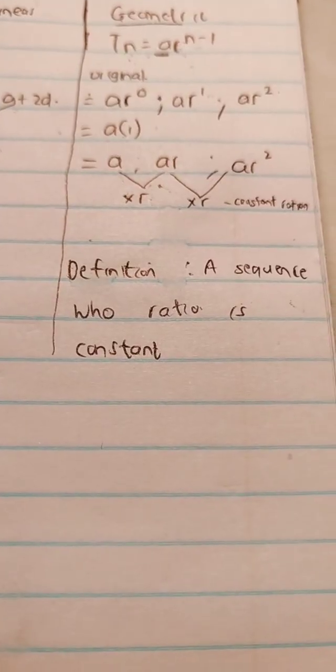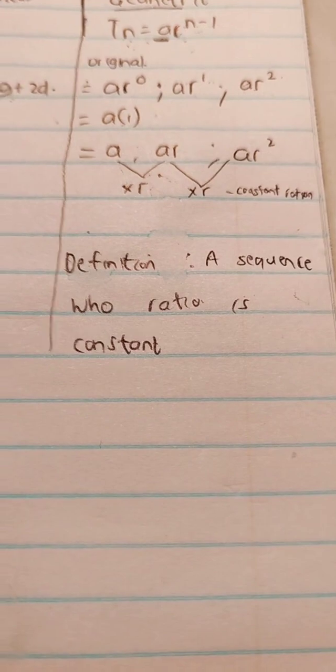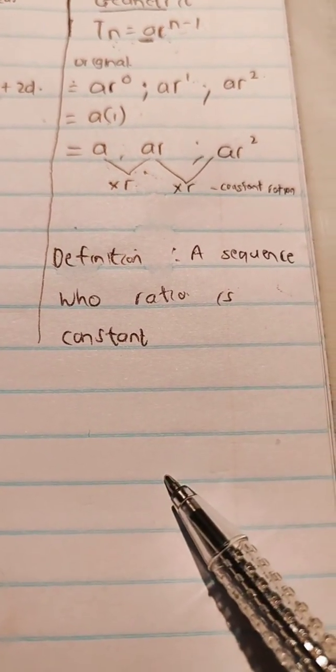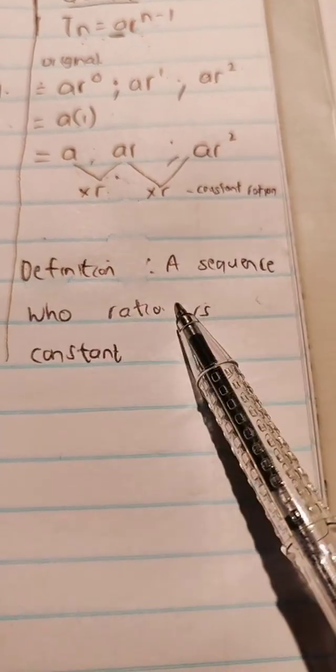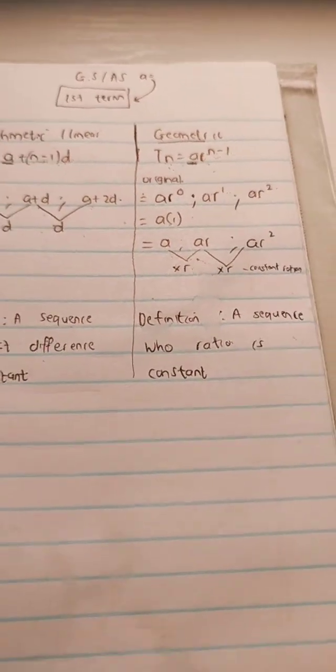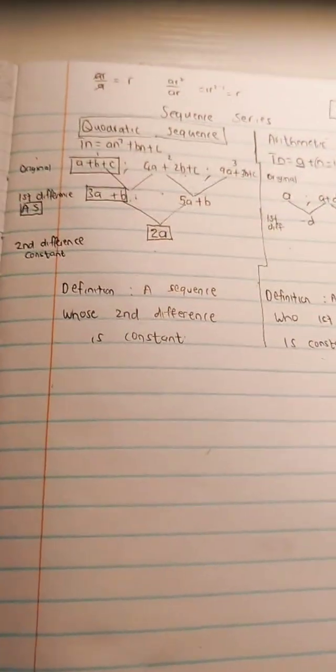A sequence whose ratio is constant. Okay, so I hope that makes sense. That is what a geometric sequence is in essence.